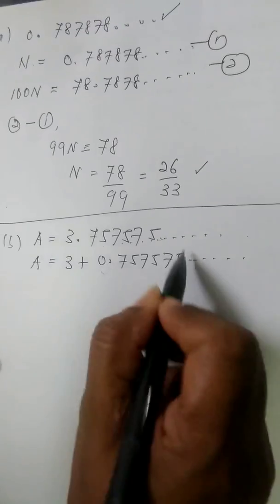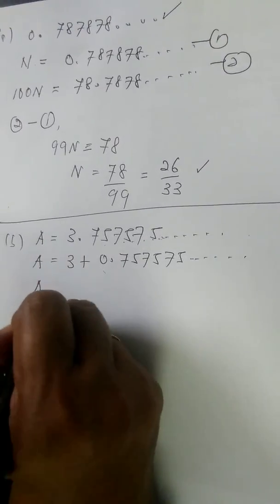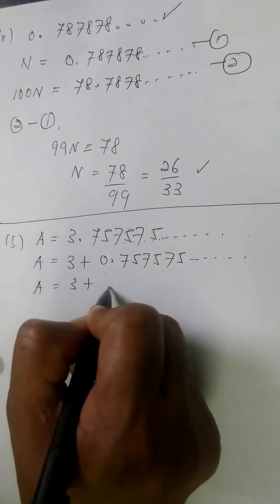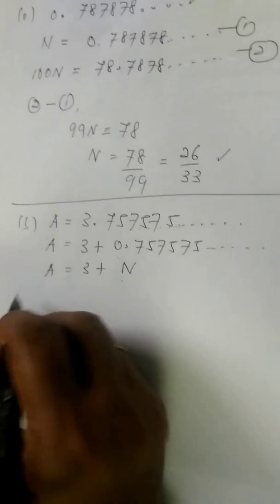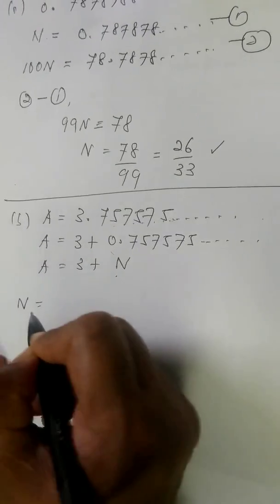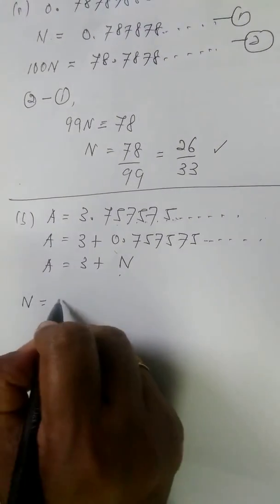Let's assume this is my n, so A is 3 plus n. Now I'll work on n, just like what we did previously, to see whether I can get it in the form of a fraction.